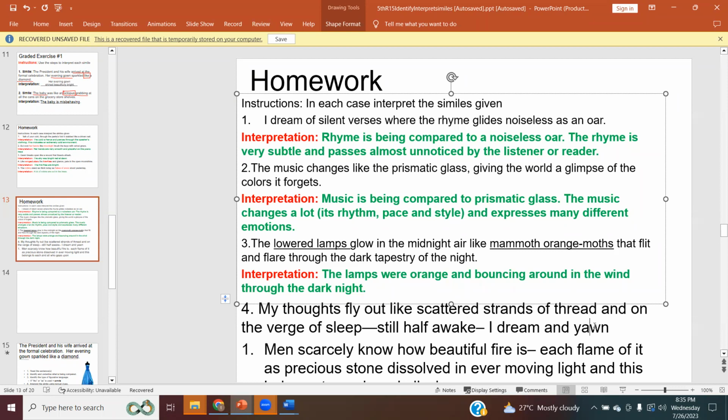Very good. So two things are being compared here, Naya. Their thoughts and scattered strands of thread. So what are they trying to say here, Naya? What's the interpretation?